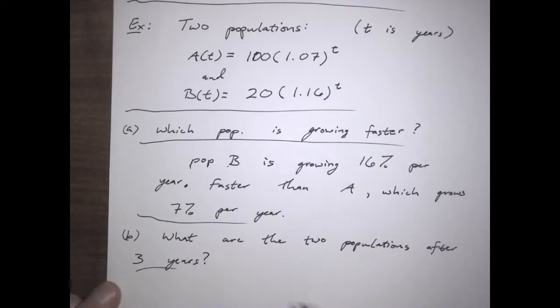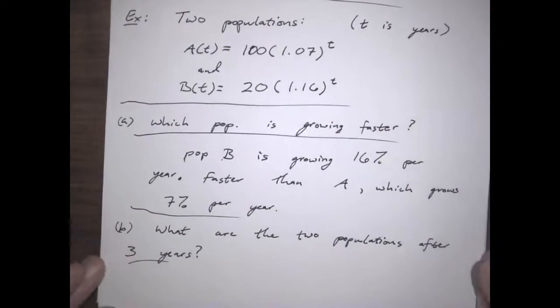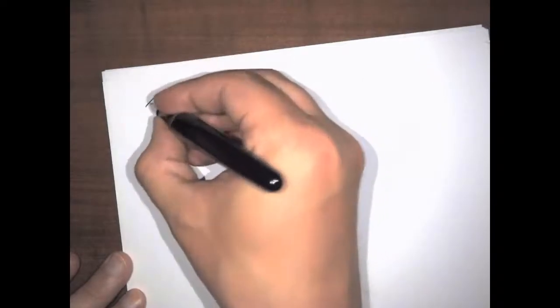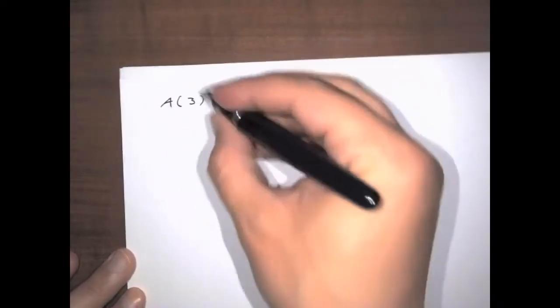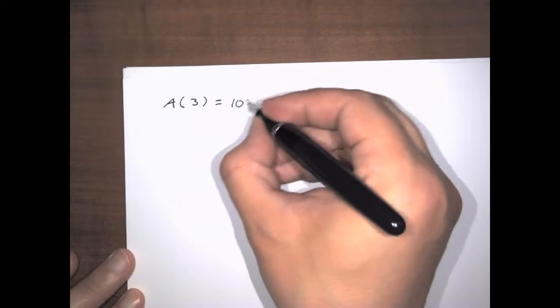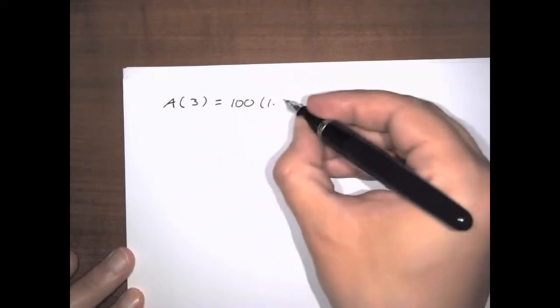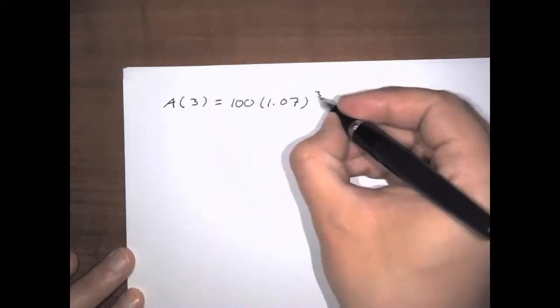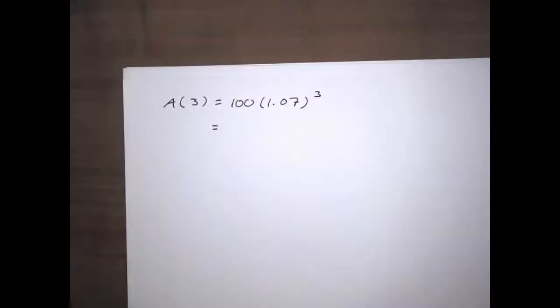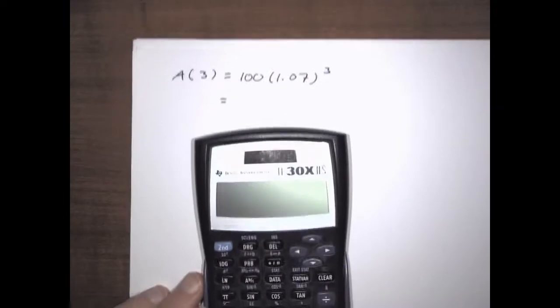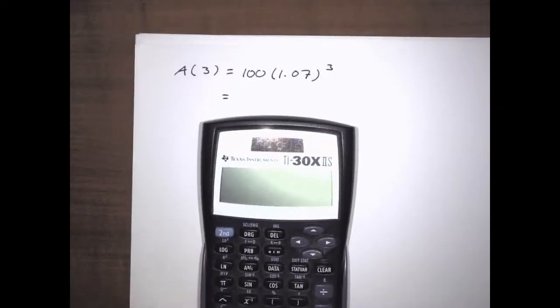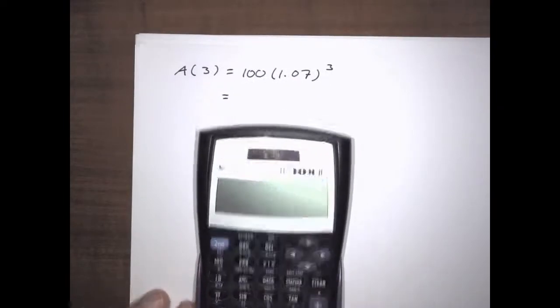And that would just mean plugging in the 3. In the case of A, that means that we would be talking about 100 times 1.07 to the third, which you can evaluate on a calculator, and any kind of calculator will do. Desmos can do it. Anything can do it.